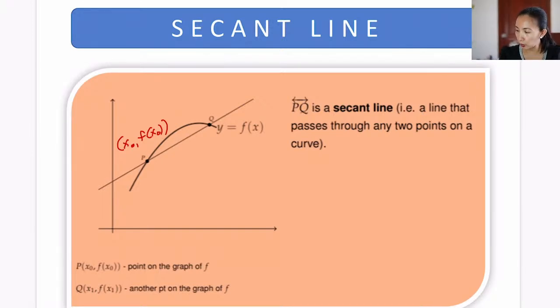And let point Q be the point x sub 1, f of x sub 1. So the coordinates of point Q are x sub 1 and f of x sub 1. Okay? Now, if I would ask you to determine the slope of the secant line or of line PQ, we could easily find the slope. Okay? Find the slope, m. The slope of line PQ.